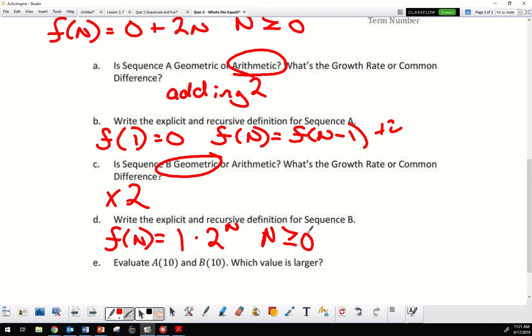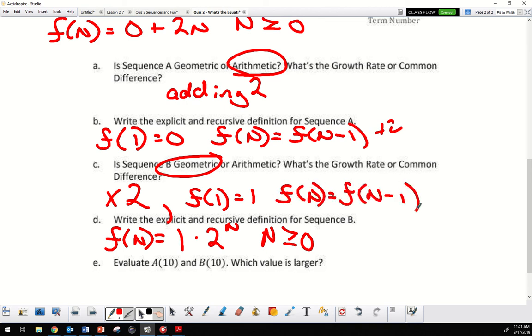Recursive starts off, so I'll do it up here. So f of 1 equals 1, and then f of n equals f of n minus 1 times 2, where n is not 0, not 1 either.